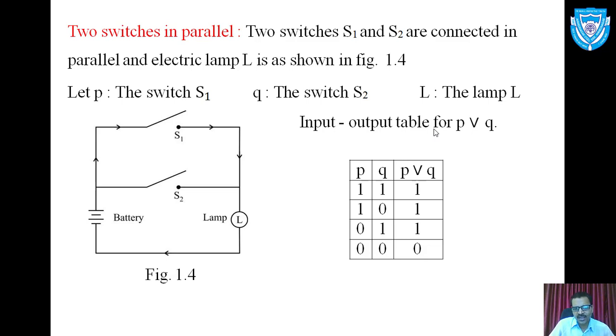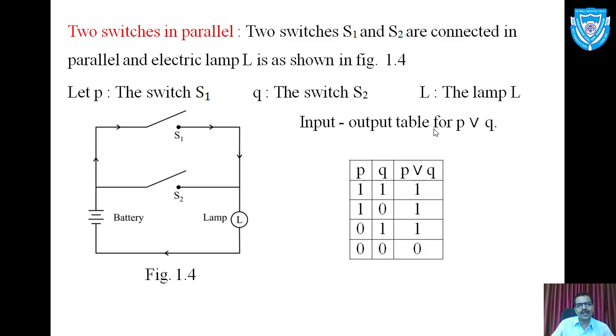That's why the lamp does not glow, and it is the same as the truth value of the logical compound statement P or Q, which is 0. So the series connection of two switches can be studied with the help of conjunction, and the parallel connection of the switches can be studied with the help of disjunction.